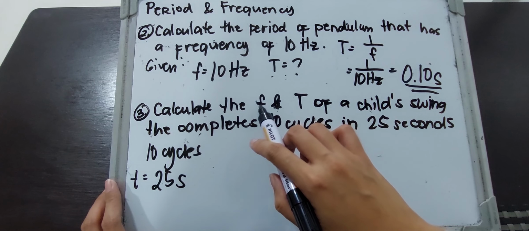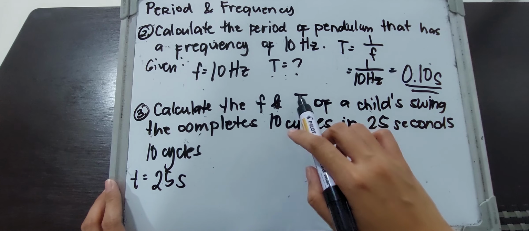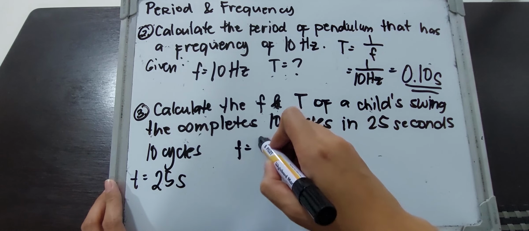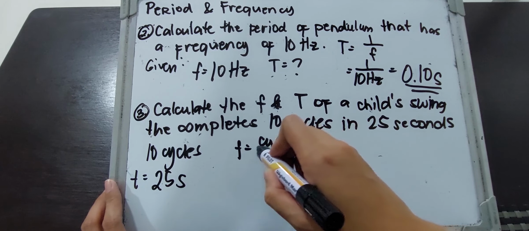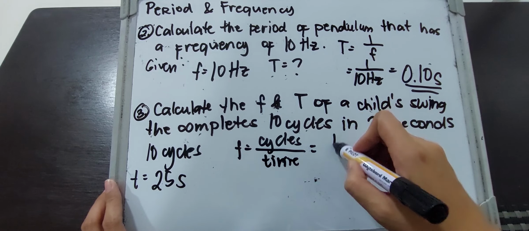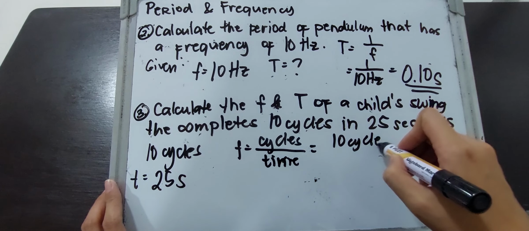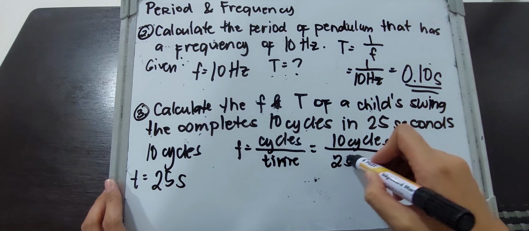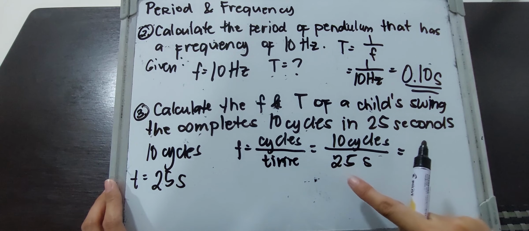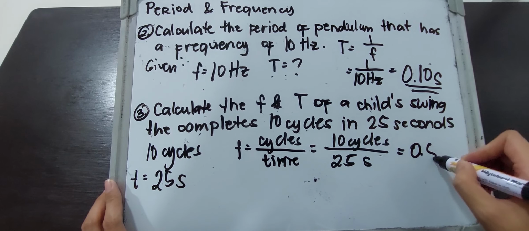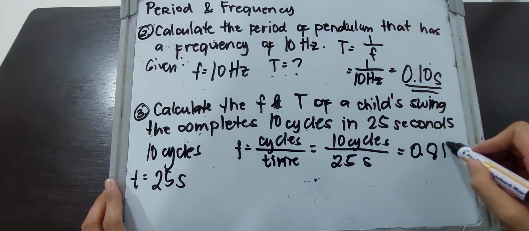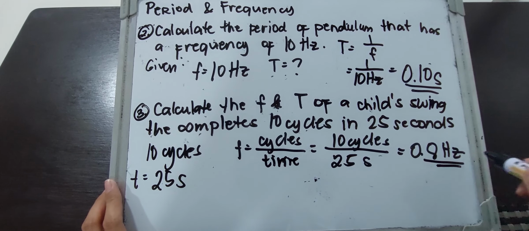So we need to solve first for the frequency before we get the period. So we have here frequency is equals to cycles over time. So we have 10 cycles divided by 25 seconds. So 10 divided by 25 is 0.8. Since we are talking about frequency, our unit is hertz.